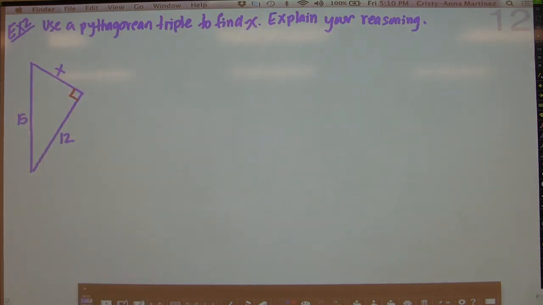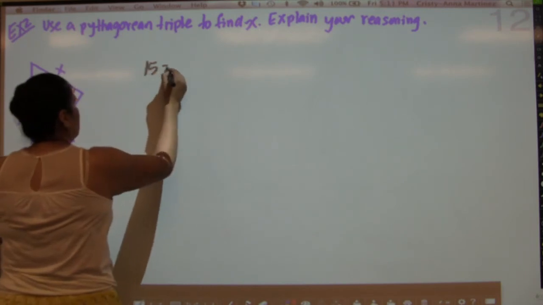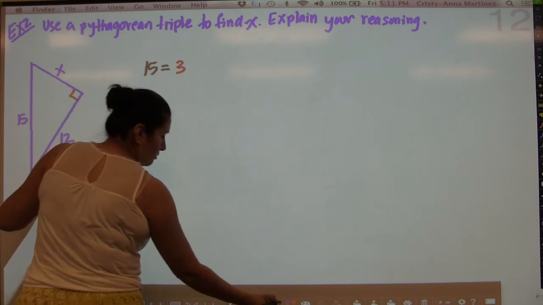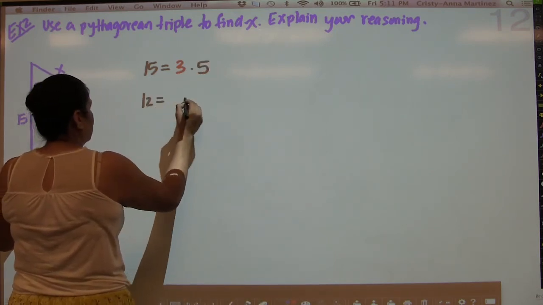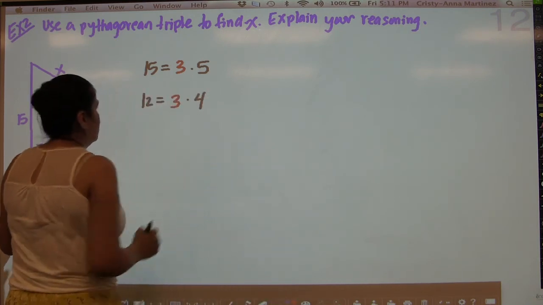It says use a Pythagorean triple to find x. Explain your reasoning. So what we're going to do is look at the 15 and the 12, and notice that both of these numbers are divisible by 3. So it turns out that 15 is equivalent to 3 times 5, and also that 12 is the same thing as 3 times 4.